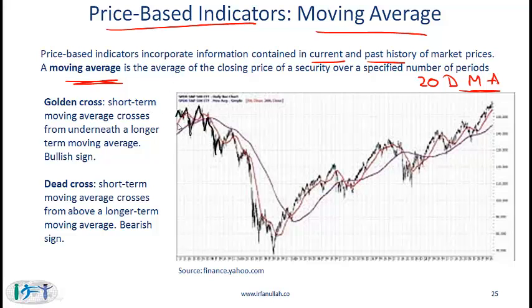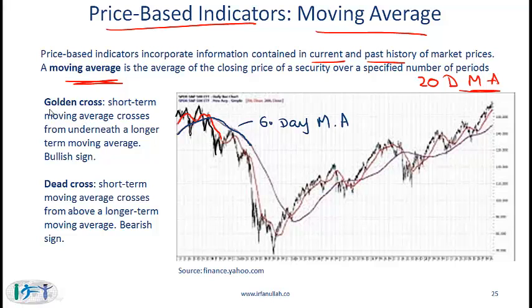In red we have the 20-day moving average, and in blue we will put in the 60-day moving average. So the blue is the 60-day moving average, and the red is the 20-day moving average.